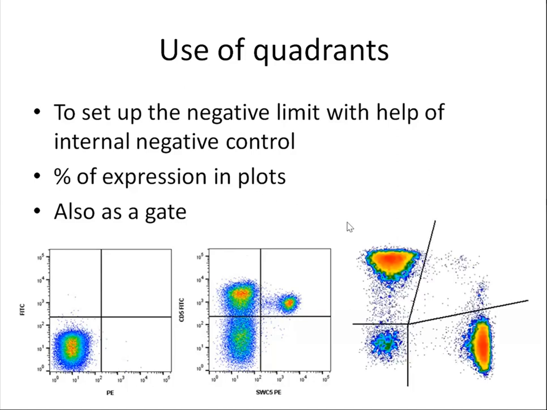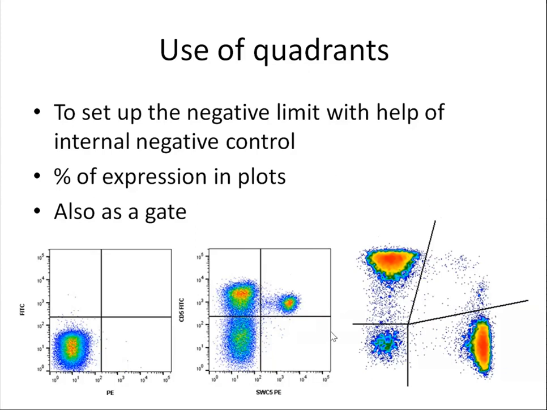There's another type of quadrant called the hinge quadrant, H-I-N-G-E. It is used when the population is falling very clearly in line, so I can put a quadrant with straight axes. But sometimes the population lies in a fashion slightly encroaching into the other quadrants.